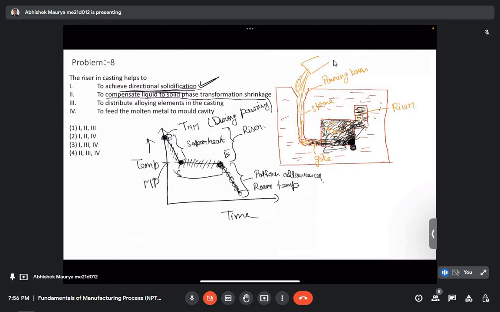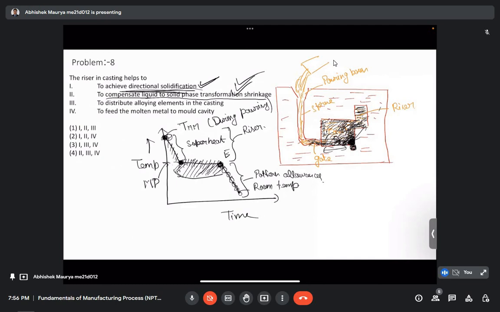This is the reason where the transformation from liquid phase to solid phase happens, and here the change of volume or the shrinkage of volume of the molten metal will happen, and during this the riser is supposed to supply the required metal to compensate the shrinkage. So that is the correct option.